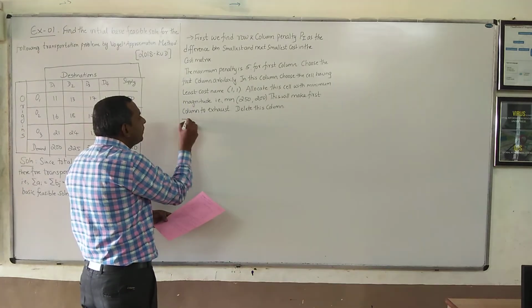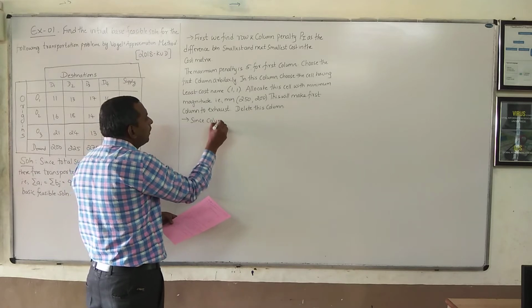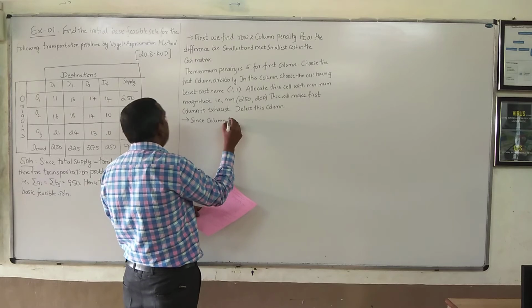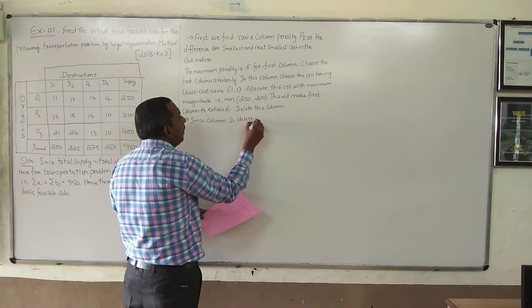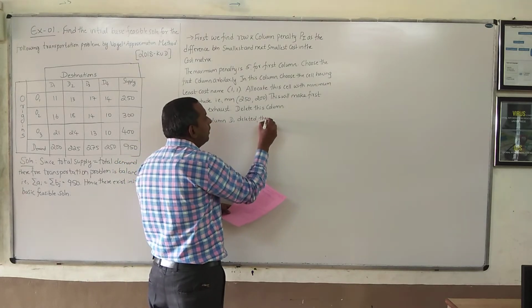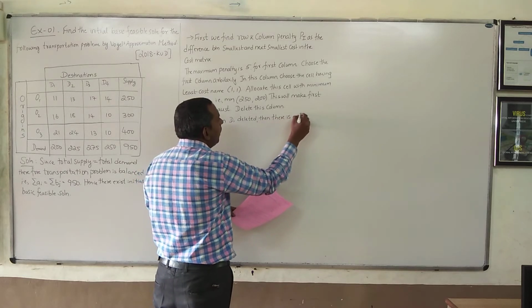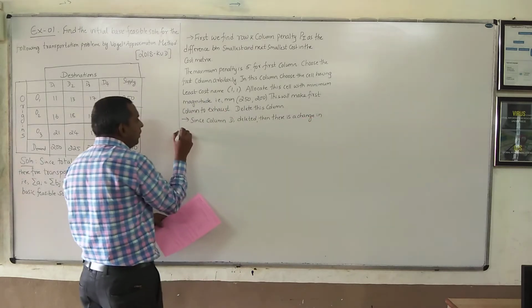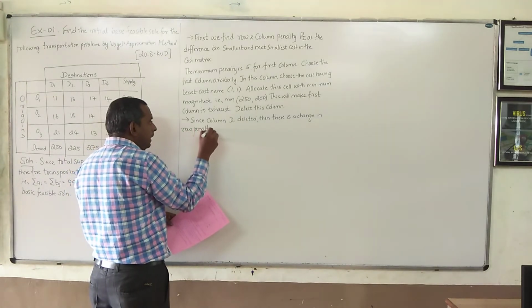Fine. Since column D1 is deleted, then there is a change in row penalty.